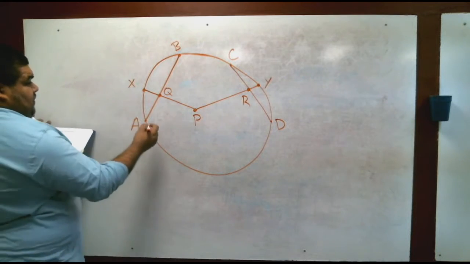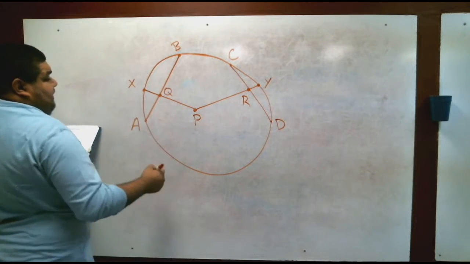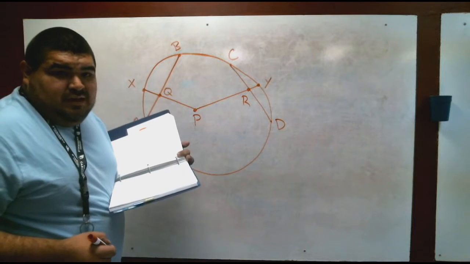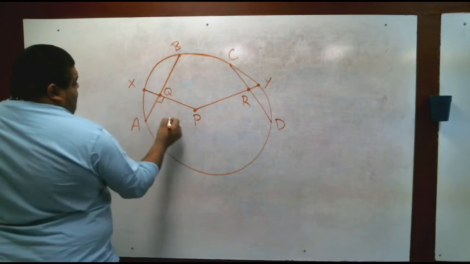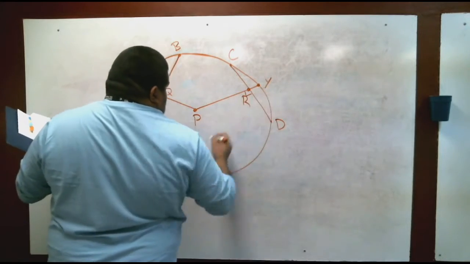And I will say this, remember, when a chord and a diameter intersect, or a radius in this case, it creates a 90-degree angle, okay?